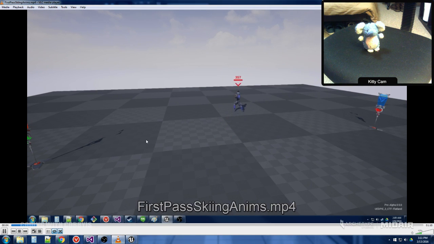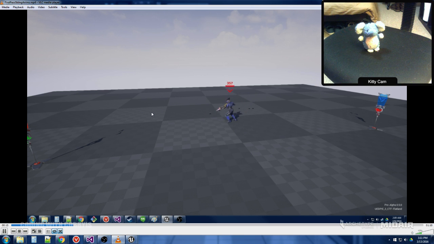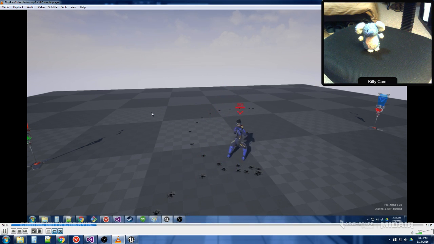So here's a video of what I'm going for. Basically, their legs align with their velocity.